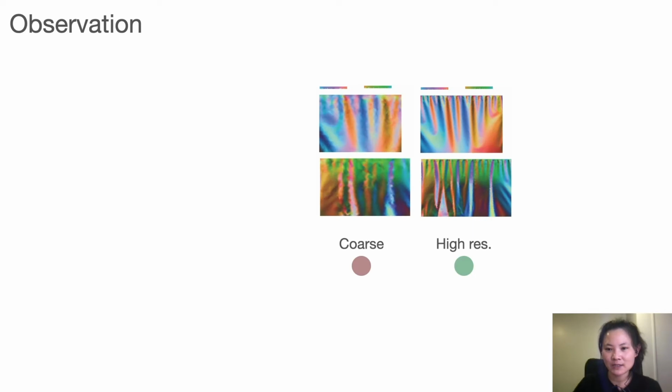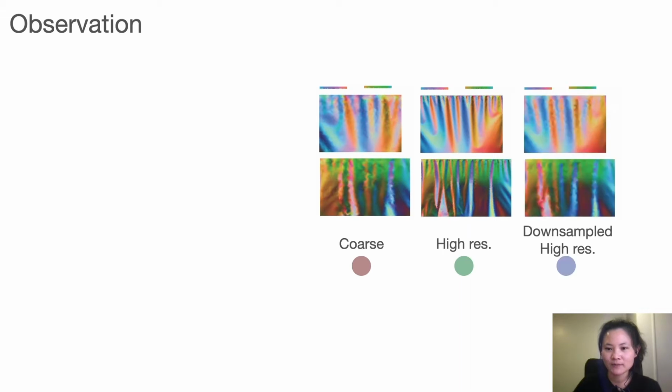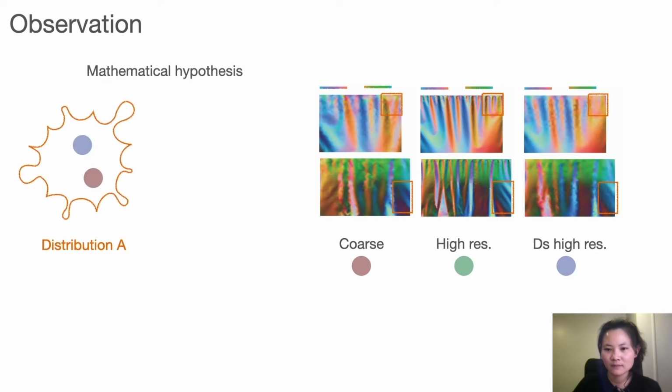Besides 3D meshes, another geometry representation is the 2D normal map. We downsampled the high-resolution map to the coarse version, which has region correspondences with the high resolution and similar texture patterns as the low resolution. We assume that both the coarse normal map and the downsampled normal map fall into the same distribution.